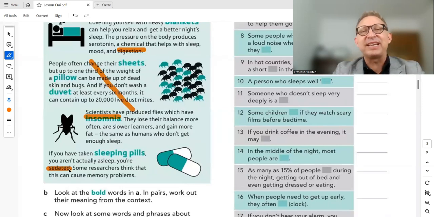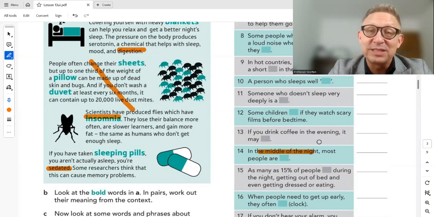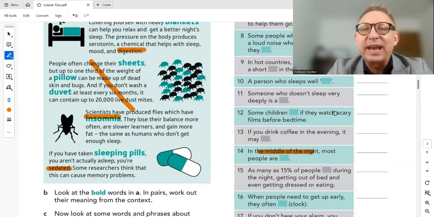Sedated. If you're sedated, you're in a state of relaxation because you've taken medicine or something. All right, the middle of the night is the dead of night. Most people, I guess, are sleepy. Scary films are another word for horrors.